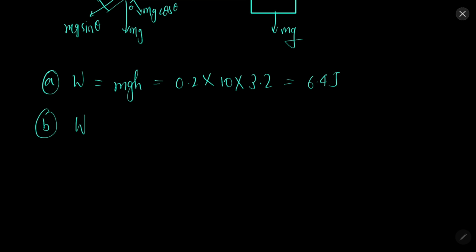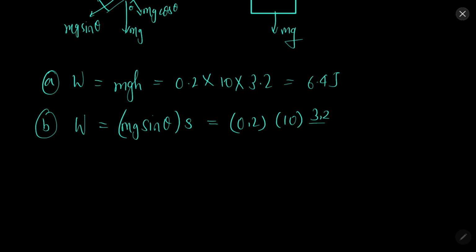Work done to slide the block up the incline will be mg sin theta, this is the force, into the displacement. So it will be 0.2 into 10 into sine theta is 3.2 over 10, and displacement is 10 moving up, so it will give us 6.4 joule.